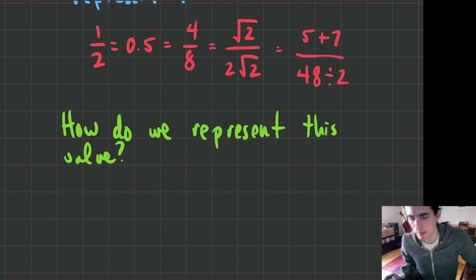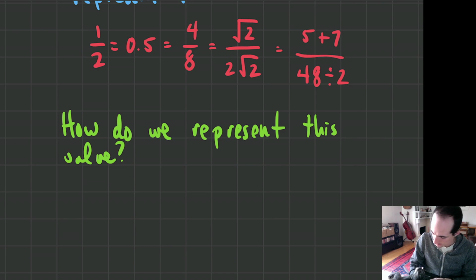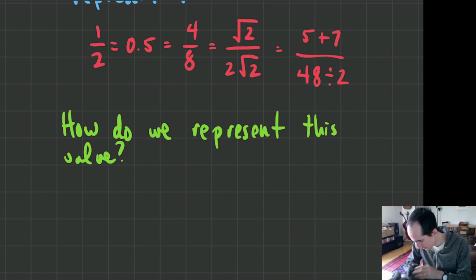Is there a representative among all of these expressions that's like, okay, all of you guys are equal to 1/2, but I am the real version of 1/2?